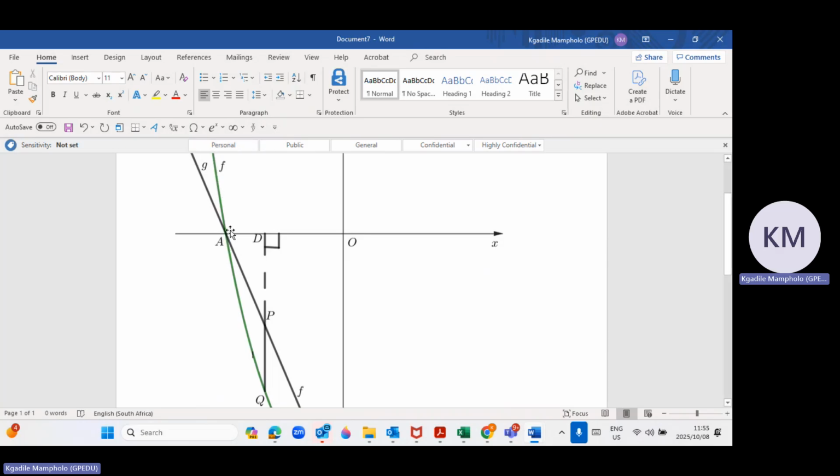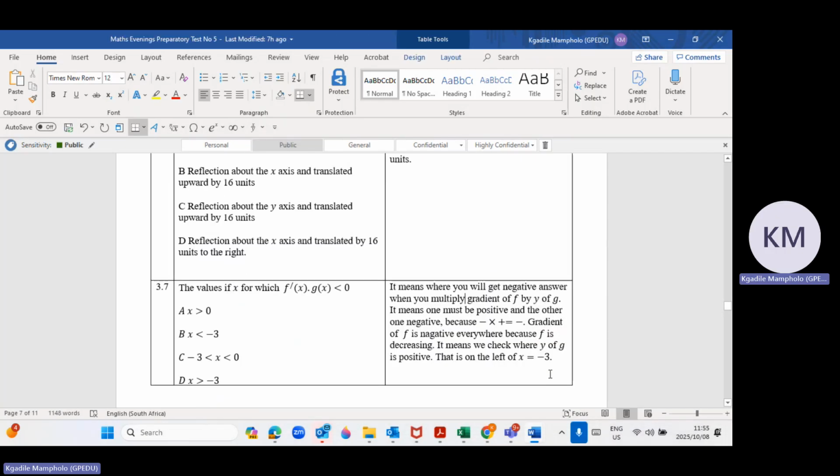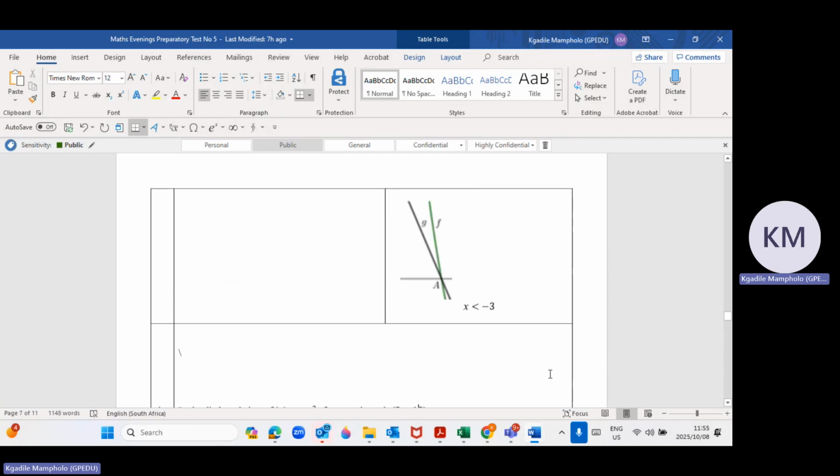As I said, the gradient is negative everywhere, but y here is not negative, it's positive. Y is only positive when X is less than negative 3. So the answer here is B, where X is less than negative 3.